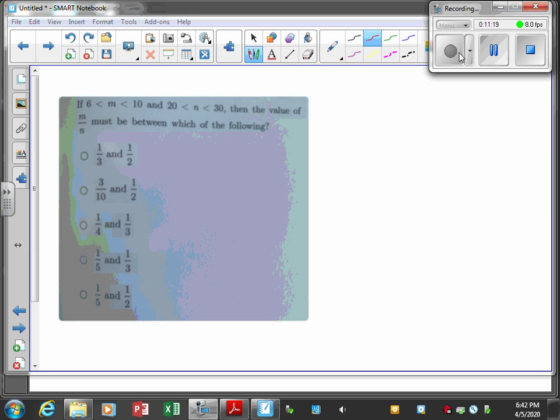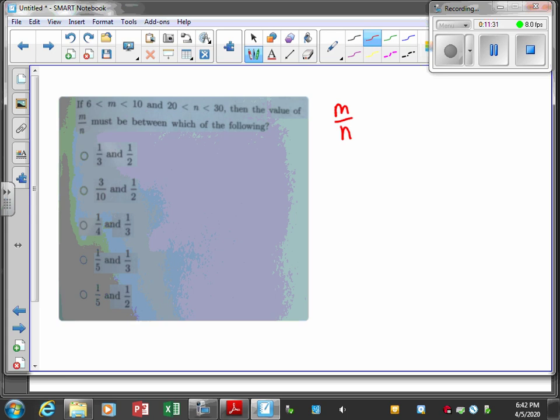Alright, if 6 is less than m is less than 10, and 20 is less than n is less than 30, then the value m divided by n. Our focus is going to be this value m divided by n, and we need to know all the possibilities. So let's consider all the values, but let's start with the first one, when m is 6, the least value, and when n is 20.